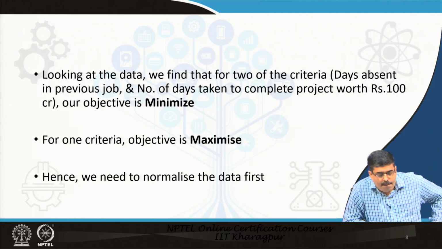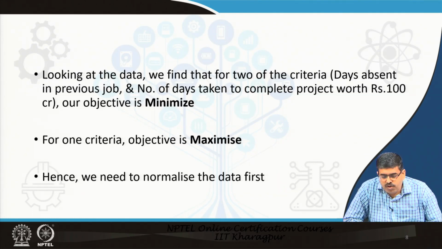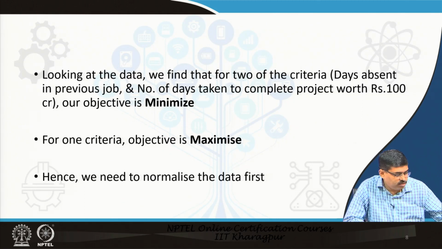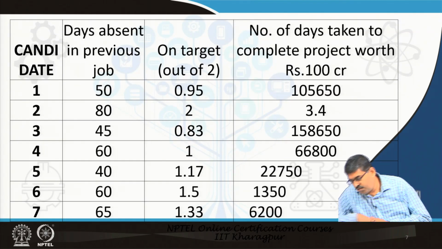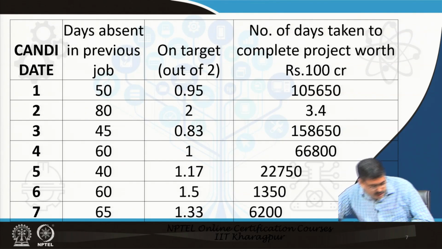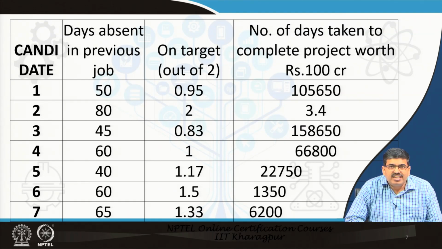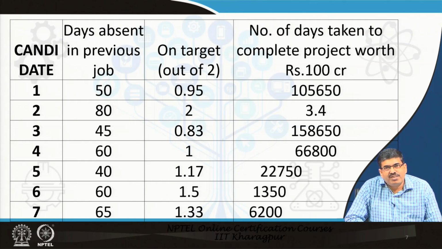Looking at the data, we find that for 2 of the criteria, days absent in previous job and number of days taken to complete project worth rupees 100 crore, our objective is to minimize. Let us see what it means. As an HR person, do you want a candidate who is absent very much or less absent?